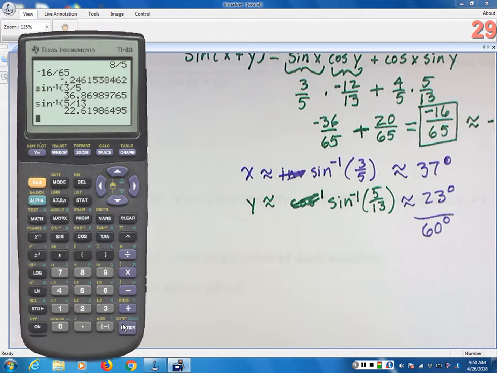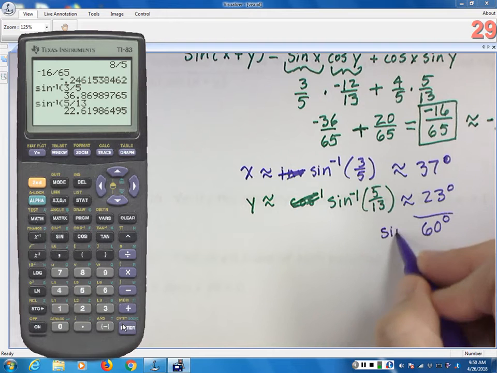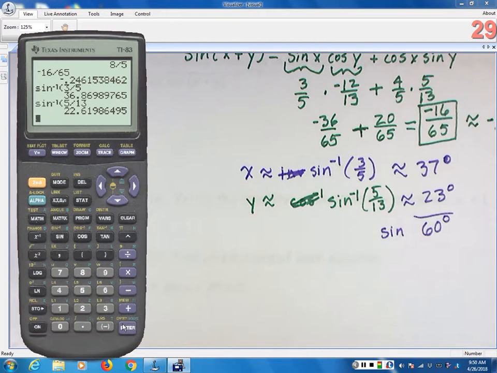So what is the sine of 60 degrees? Did you get close to this? This was not exact. Sine of 60, that's one of our pi over 3, right? Sine of 60 is square root of 3 over 2.